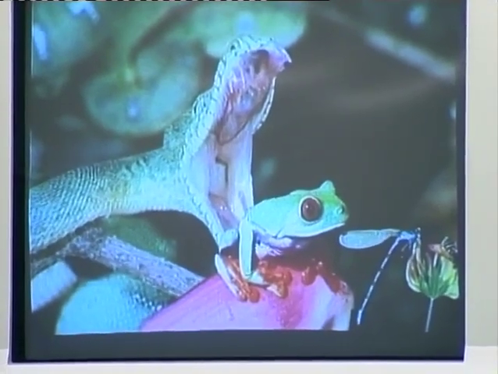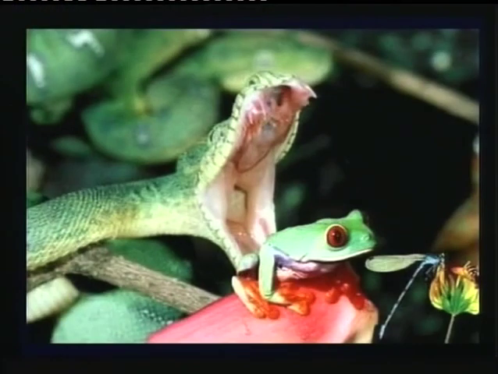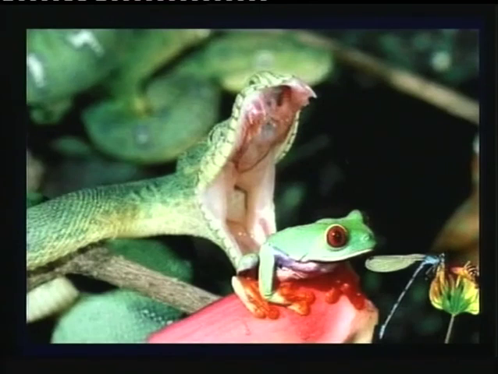Okay, good. Now, we will view an insert, and I would like you to watch very carefully and see what happens. In this example, where the frog is being eaten by the snake and the dragonfly is being eaten by the frog, you can see that there is a chain taking place.